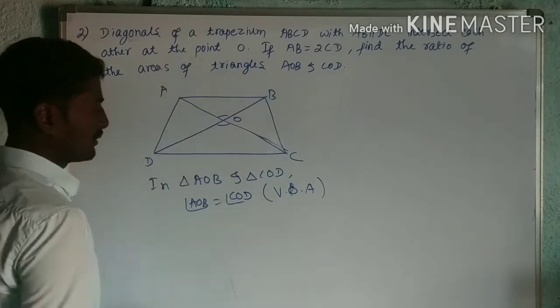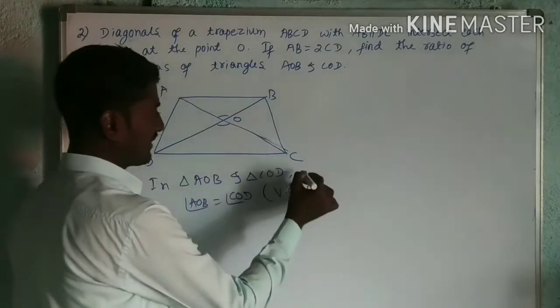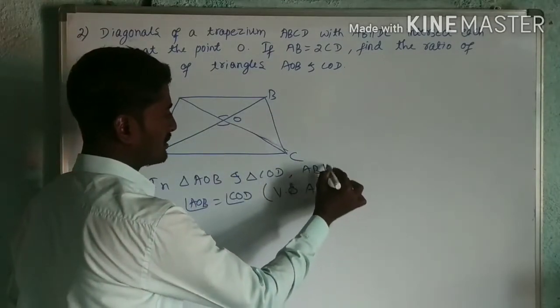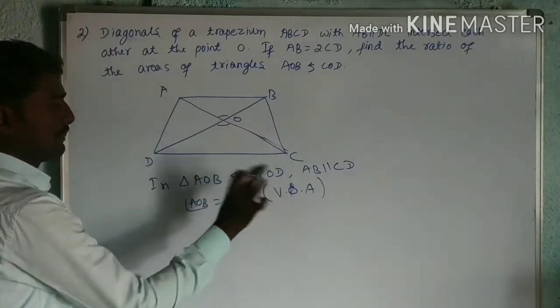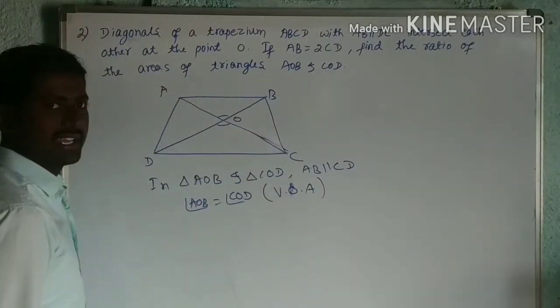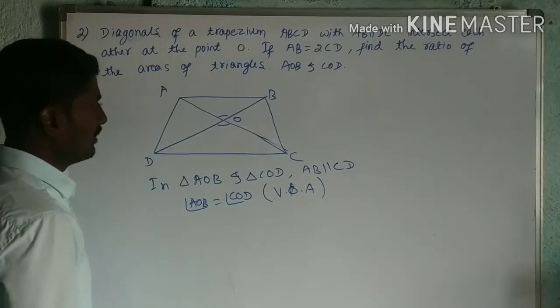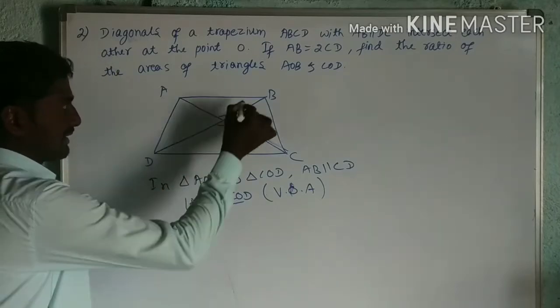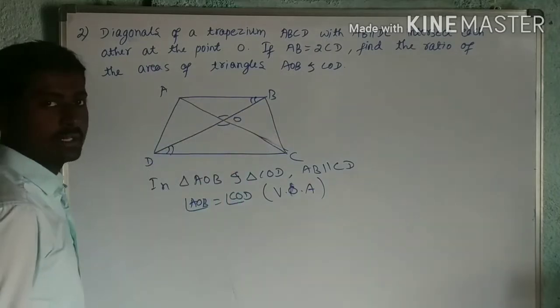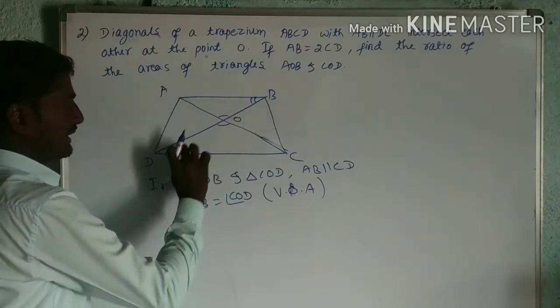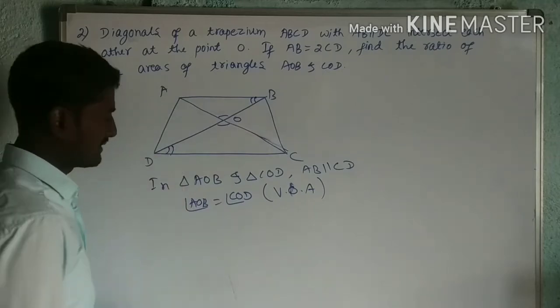Here I can write AB is parallel to CD, so these two will be vertically opposite angles. Next, another angle. I will take these two angles. These two are also equal because they are alternate interior angles.